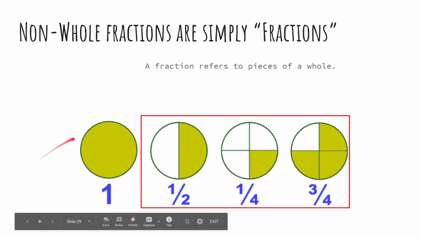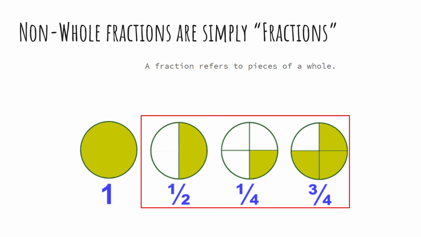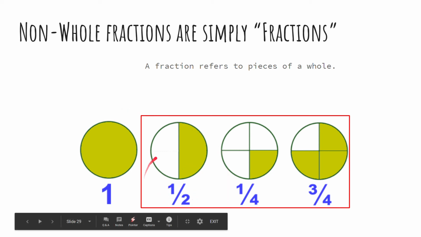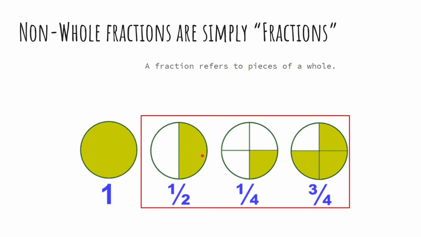Okay, so non-whole fractions, we're just calling them fractions. You wouldn't really say a non-whole fraction. It's when we're talking about pieces or parts of a whole. As you can see here, whether we're talking about the white parts or the yellow parts, regardless, we're talking about parts of a whole. We're not talking about the entire thing.